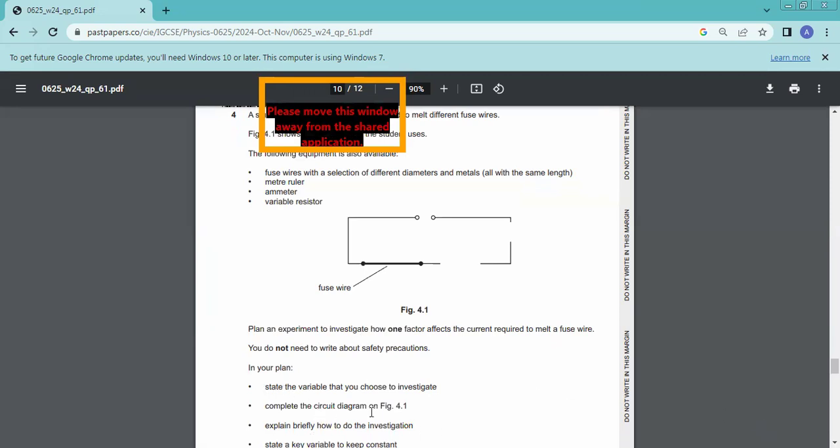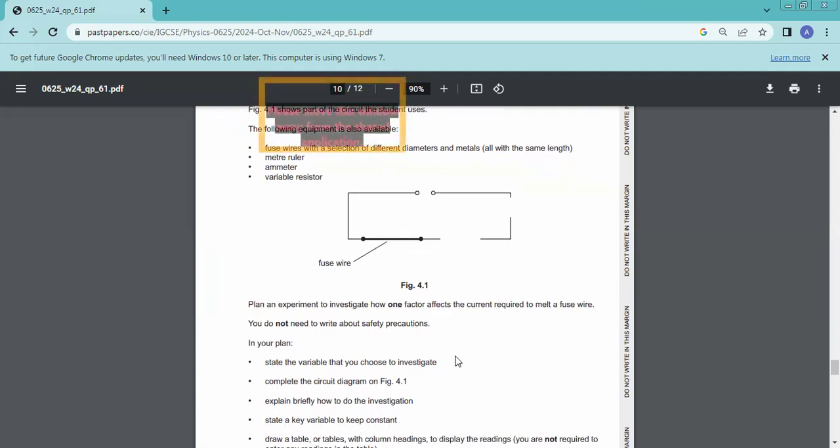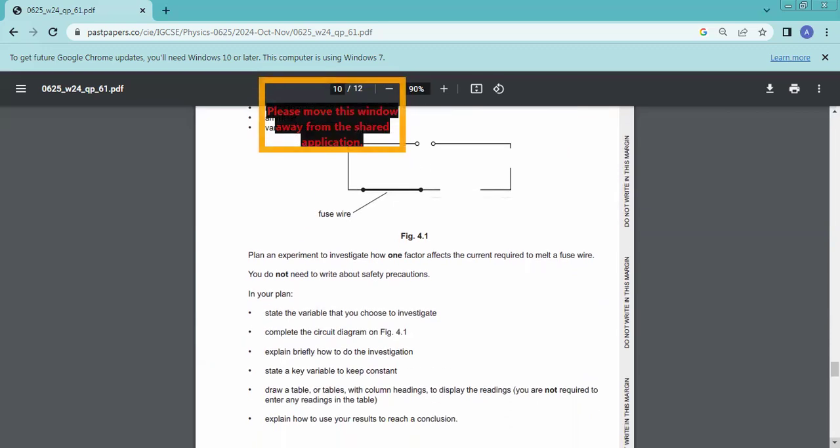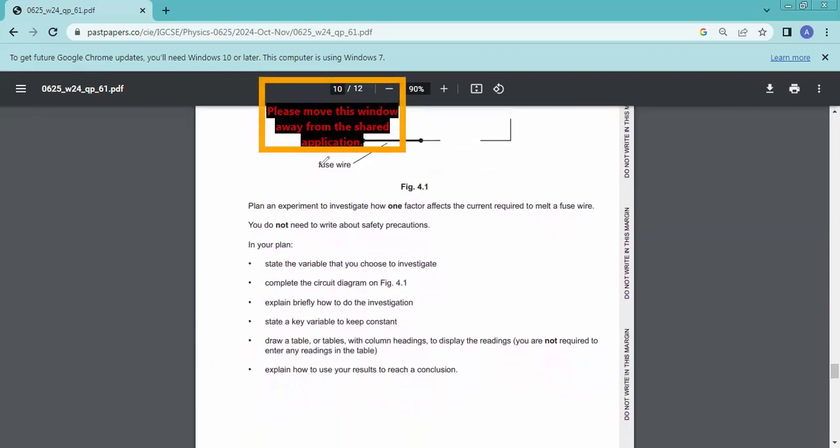In your plan, state the variable that you choose to investigate, and complete the circuit diagram. So first, we are going to talk about the variable that we choose to investigate.